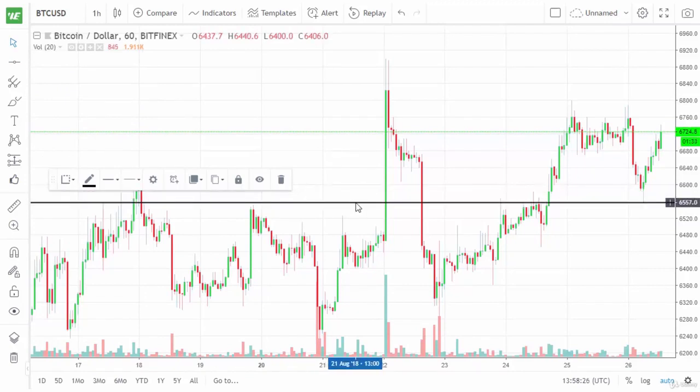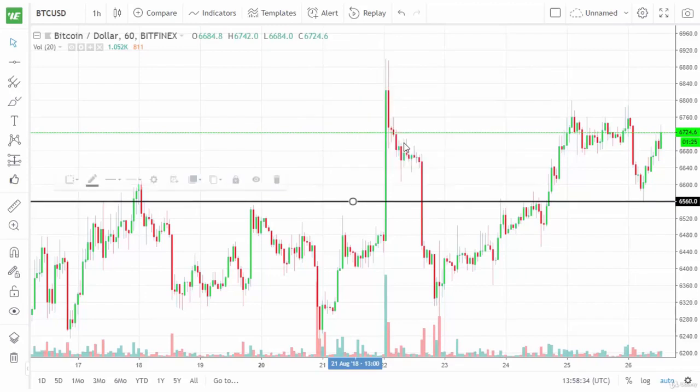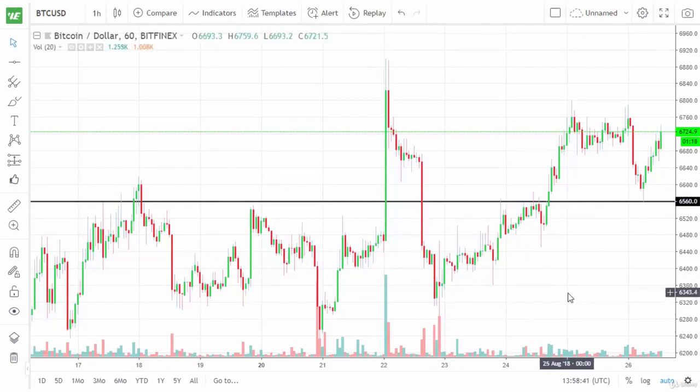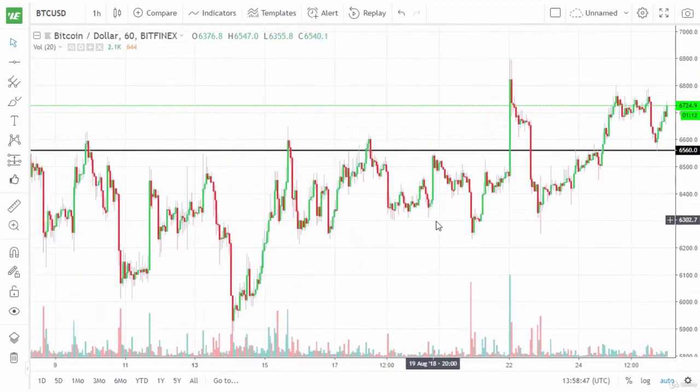Let's look at 6,560. And you can see that this is an area that has offered support and resistance. And you will quite often see that. That's another thing about support and resistance that you should probably be aware of.